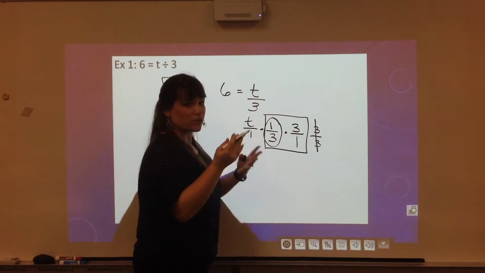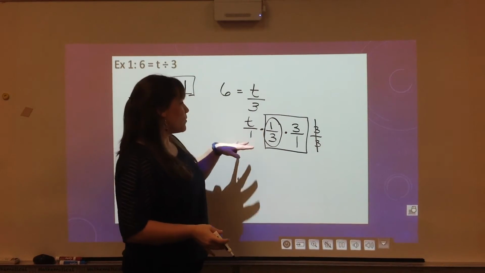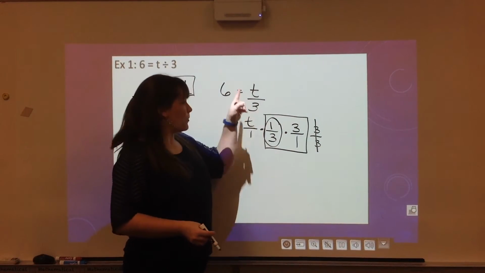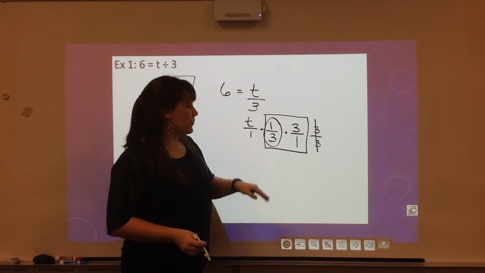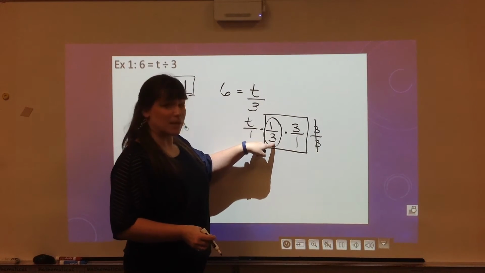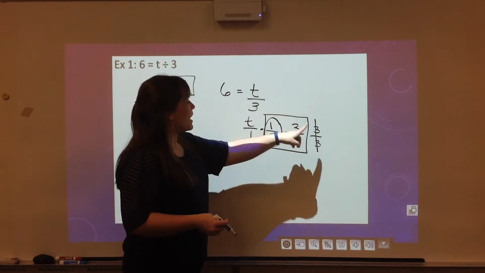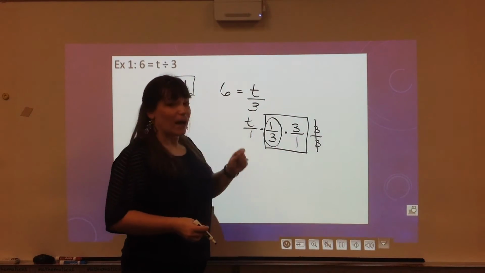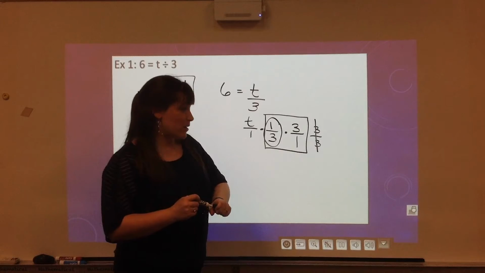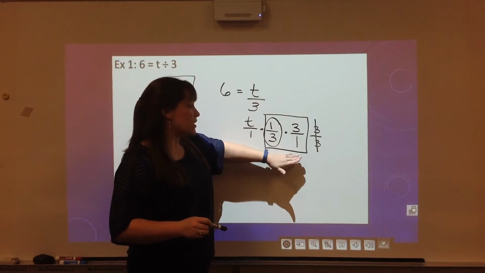This is just 1 whole. That's why what I'm going to do up here is going to work. I'm going to take the denominator, whatever it is, and multiply it by this, and I will get rid of the denominator because it turns into 1.